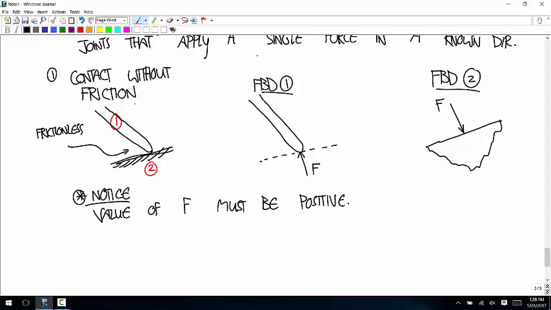What would it say if that force, if you did a calculation and that force F came out to be negative 200? It would say that the ground is pulling down on the object instead of pushing up on it. And frictionless contact can't pull. All it can do is push. So if you ever set up a problem like this and get a negative value, it either means the thing that's being designed isn't going to work the way it's supposed to, or you made a mistake in your calculation.